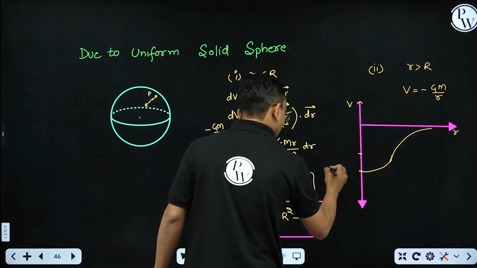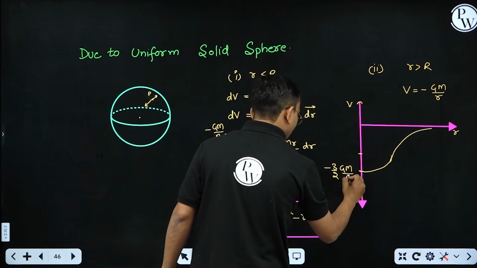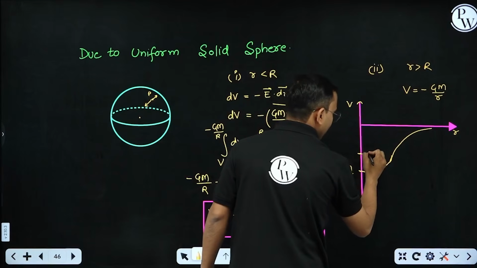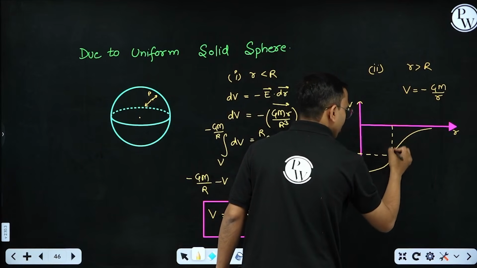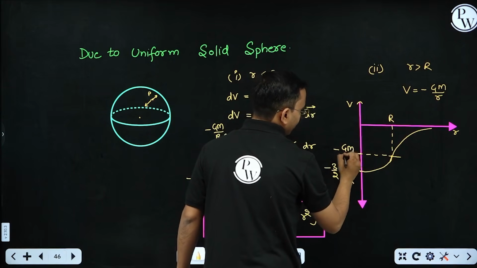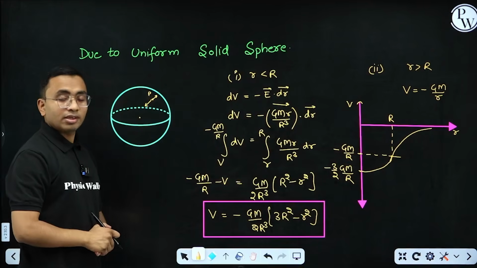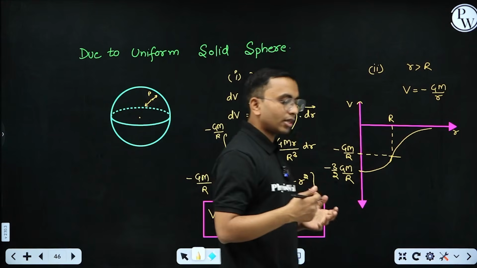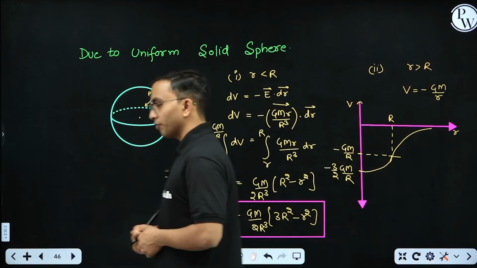This is minus 3 by 2 GM divided by R, and this, at r equals R, is minus GM by R. This curve can be asked, therefore I am drawing this curve for the solid and hollow, both the cases. For field also I drew that.